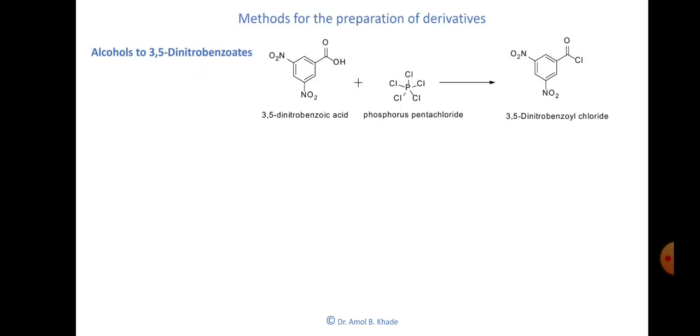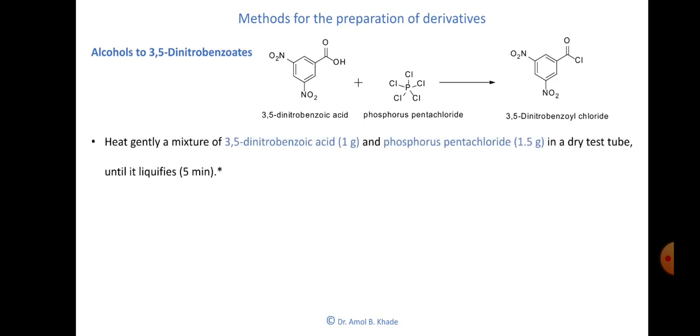For example, you can convert alcohols to 3,5-dinitrobenzoate. It involves a series of steps. First you have to gently heat a mixture of 3,5-dinitrobenzoic acid. You can take 1 gram of this acid. You can see there are two nitro groups and a carboxylic acid.